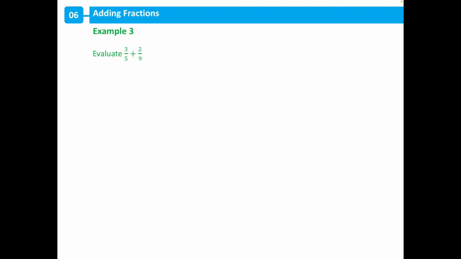The first thing that we must do is find a common denominator. To do this, step 1, we find the lowest common multiple of 5 and 9. This is 45. Our lowest common multiple is the new denominator.